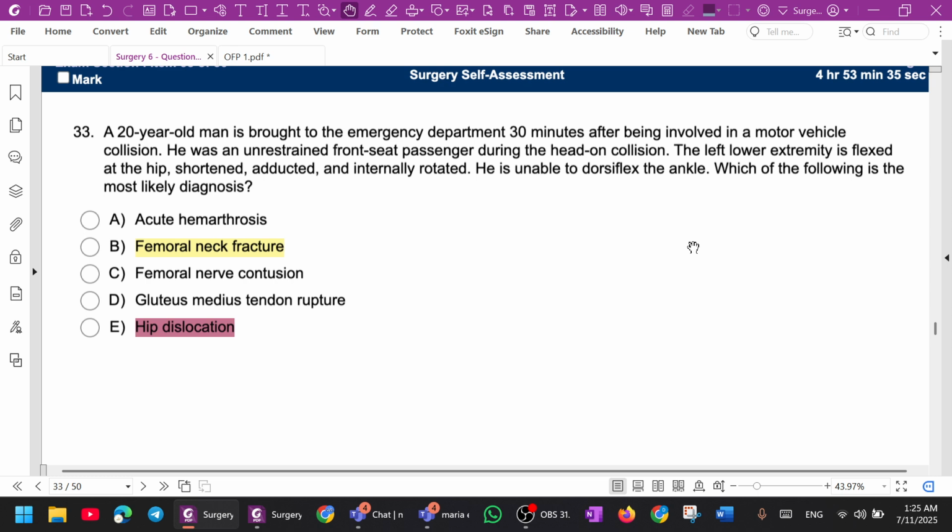Hip dislocation is commonly associated with a posteriorly directed force during a car accident, where the femoral head is forcefully displaced posteriorly out of the acetabulum. Posterior hip dislocations are more common than anterior dislocations. On physical exam, they typically present with a shortened, adducted, and internally rotated lower extremity flexed at the hip.